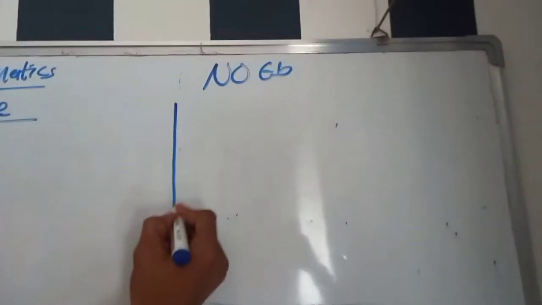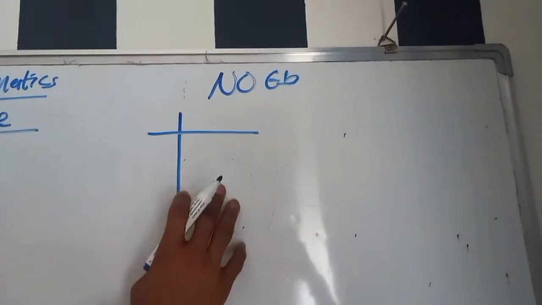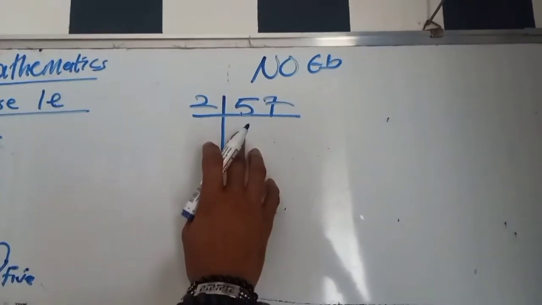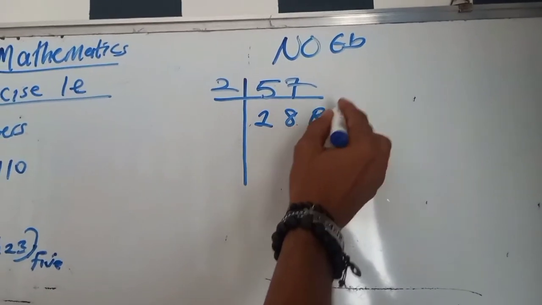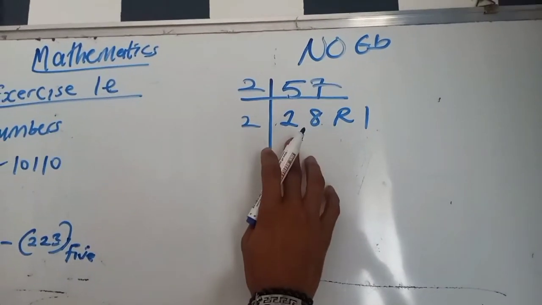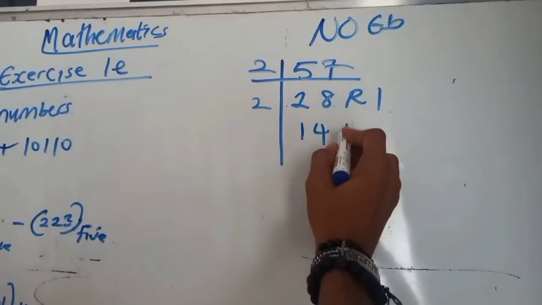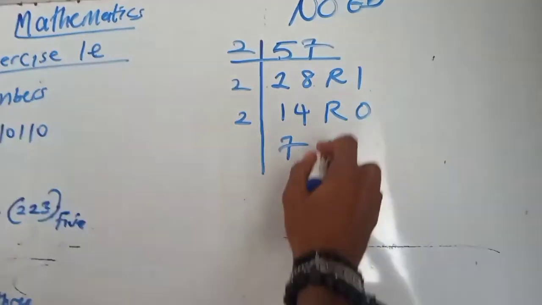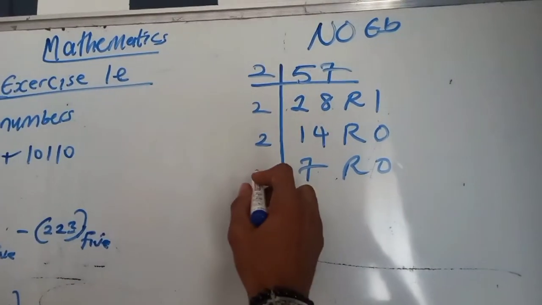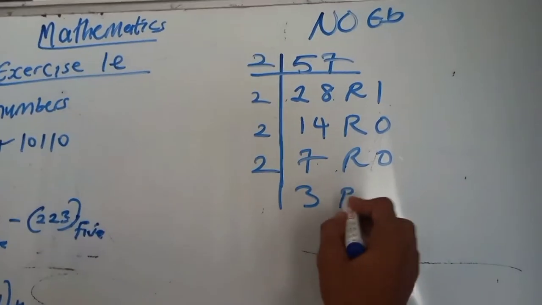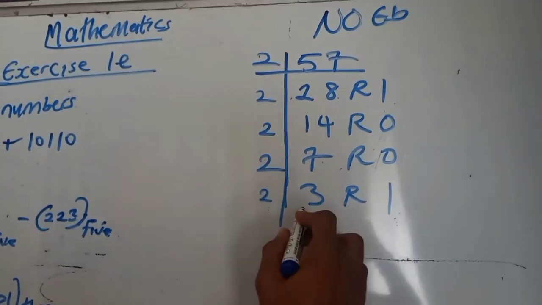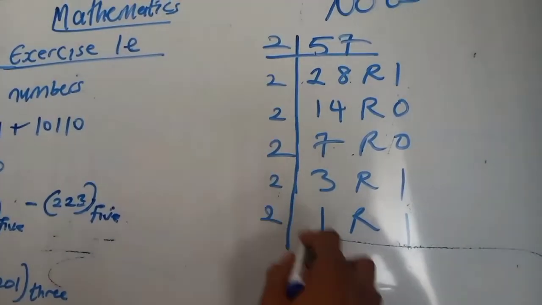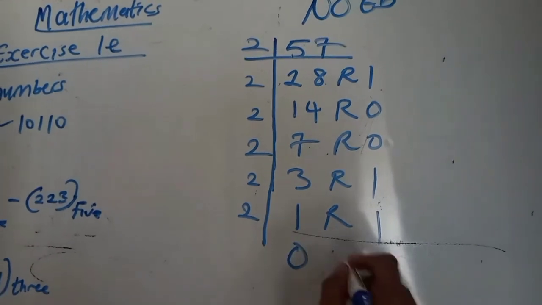We just have to draw our binary division pattern, then put our 57. 2 goes into 57 is 28, remainder 1. 2 goes into 28 is 14, remainder nothing. 2 goes into 14 is 7, remainder nothing. 2 goes into 7 is 3, remainder 1. 2 goes into 3 is 1, remainder 1. 2 going into 1 is not possible now, right? 0, remainder 1.